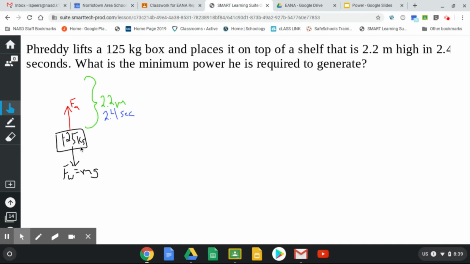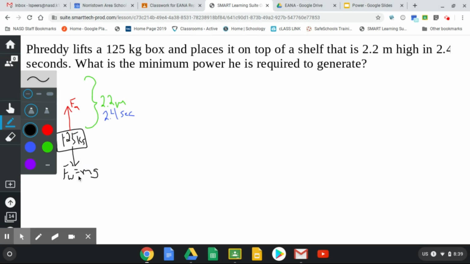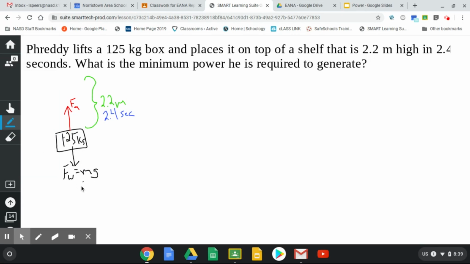Okay, so as you can see, I've got my drawing. Here's this 125 kilogram box. He's going to raise it 2.2 meters in 2.4 seconds. If he is going to lift this box, he's going to have to apply a force that's equal to the weight force of the box. So let's take a look at that. What's the weight force? We know that's always going to be mass times gravity.